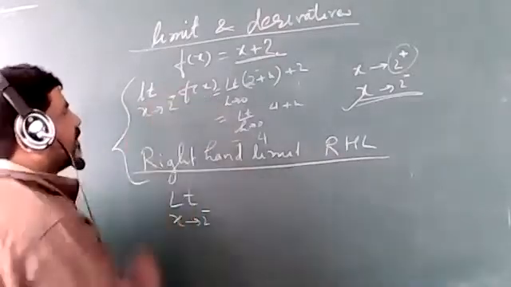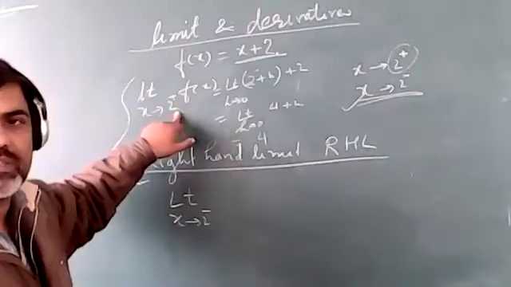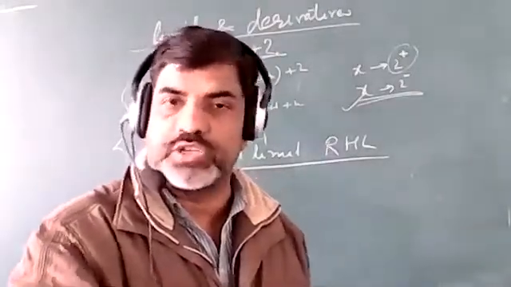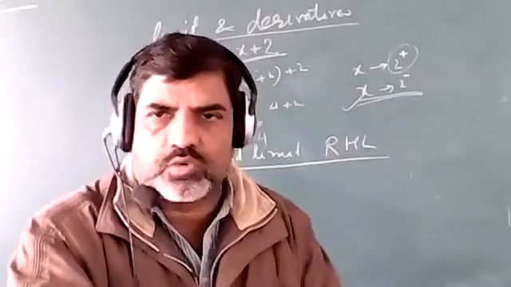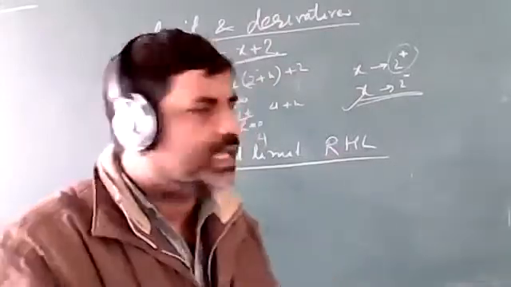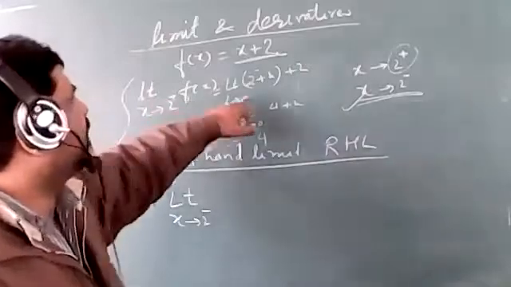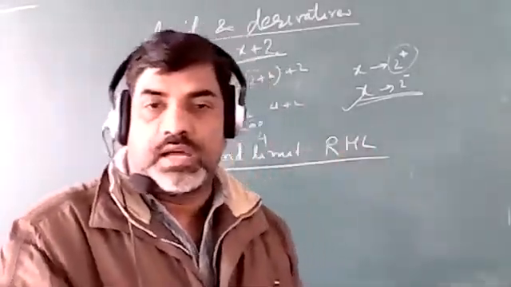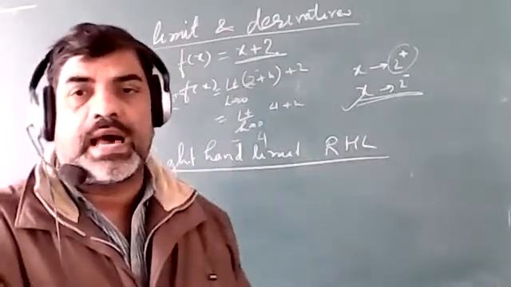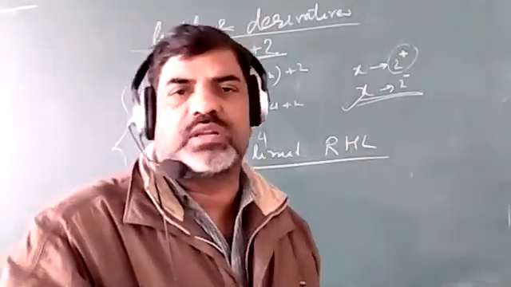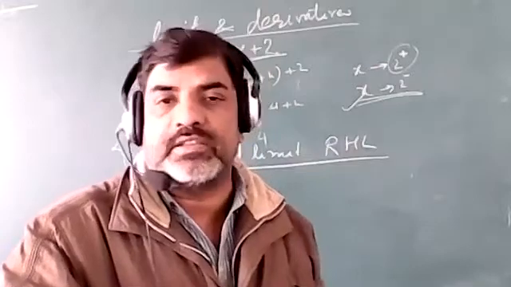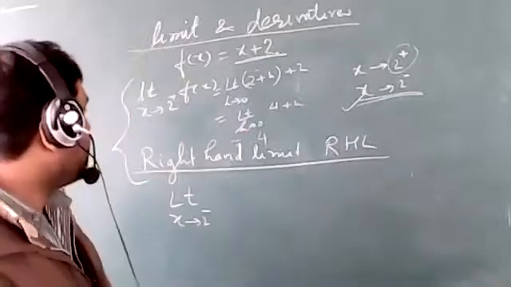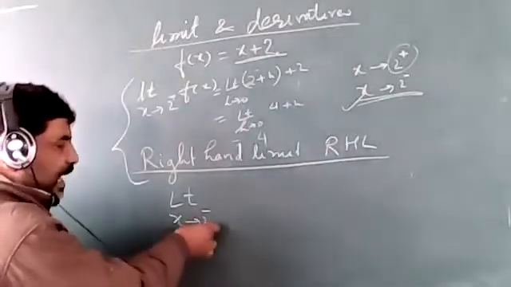Here we write 2 plus for the right hand limit, meaning the value is slightly more than 2, approaching nearer to 2 but slightly more. Then we take 2 plus h, where h tending to 0, and we call it RHL. The value which comes for the function is termed the right hand limit, RHL.